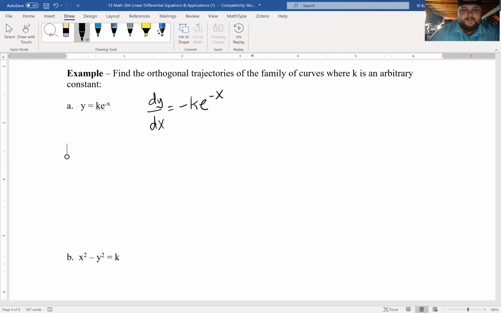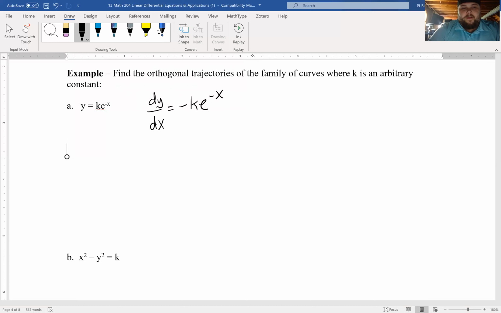Right, if you remember back when you studied lines, for two lines to be perpendicular to one another, they had to have opposite reciprocal slopes. So that's exactly what we're going to do here. Here's our slope. We need to find the opposite reciprocal.